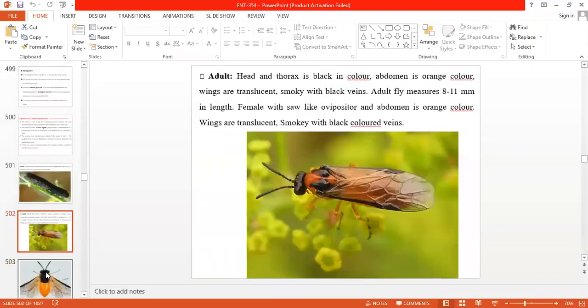Adult stage: head and thorax are blackish in color, abdomen orange in color, wings are translucent and smoky with black veins. The adult fly measures 8 to 11 mm in length. The female has a saw-like ovipositor and an orange abdomen.